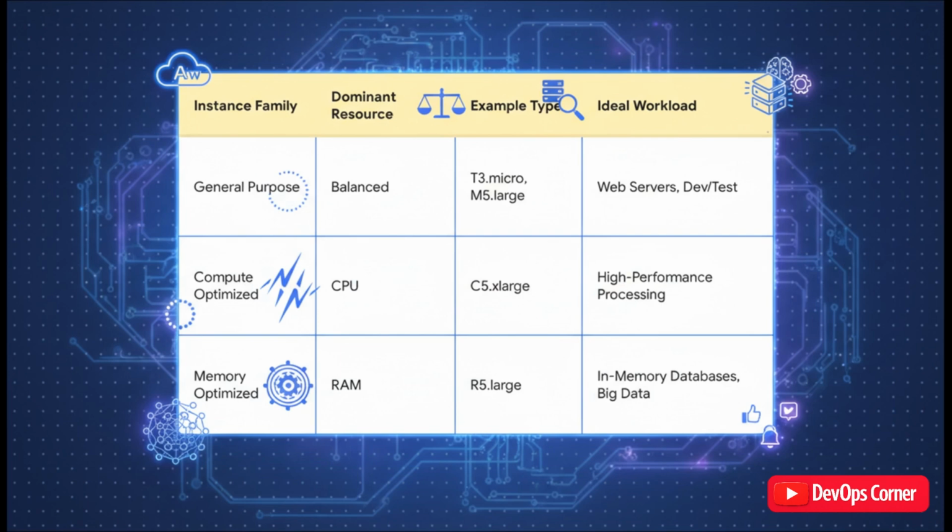You've got your general purpose ones, like the T and M series, which have a nice balance of everything. CPU, RAM, networking, they're great for things like web servers. Then you've got compute optimized, the C family, which are all about raw CPU power for intense calculations. And on the other end, memory optimized, the R family, which are packed with tons of RAM for stuff like in-memory databases. Now, if our app was trying to do heavy data processing on a tiny T3 micro, well, we might have just found our culprit right there.